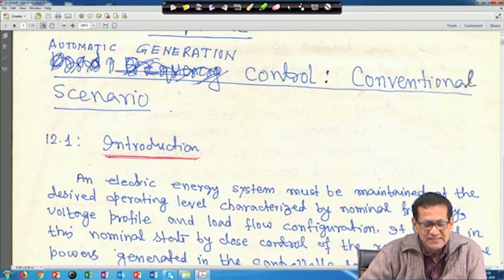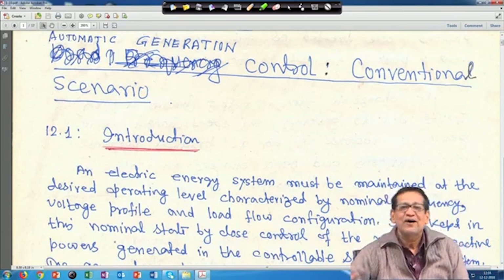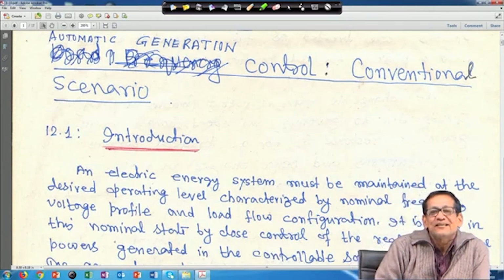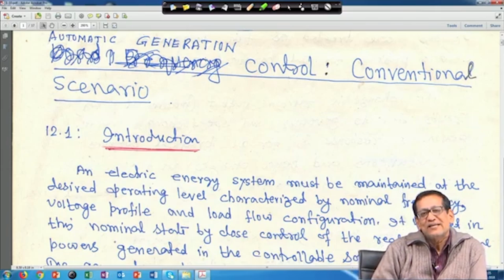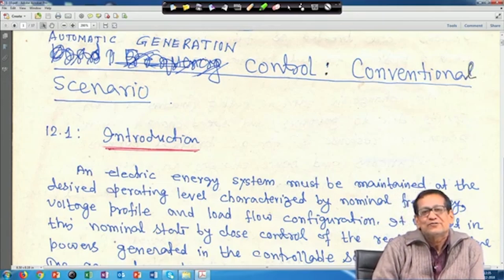So, next is automatic generation control. Whenever we are studying automatic generation control in deregulated environment, at that time we have to first start with the conventional scenarios.